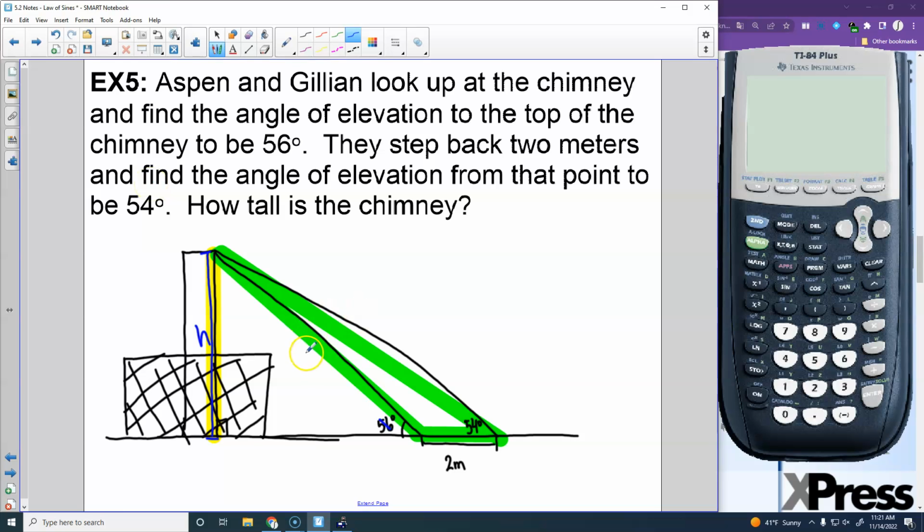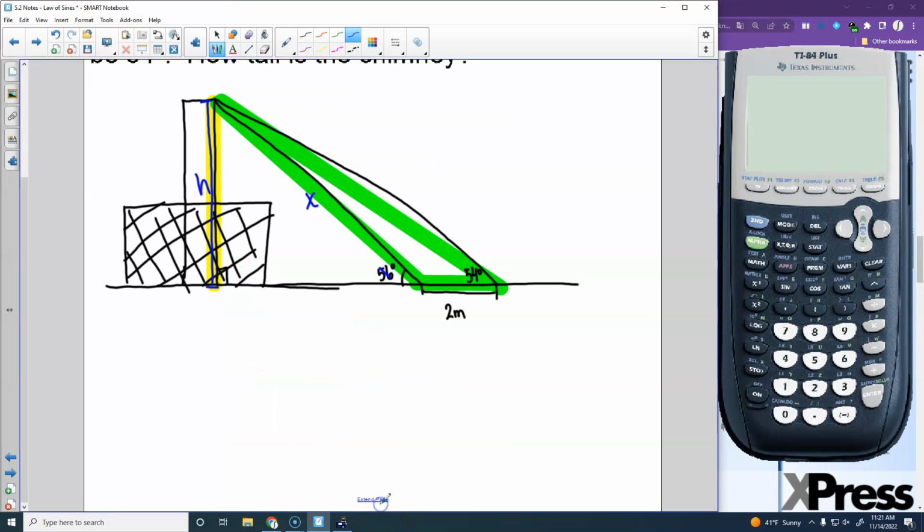Okay, so I'm going to pick this inside side right here. I'm going to call that X. But you could very well use the outside side as well. I'm just choosing this one because I think it's going to look a little better on my picture. Now, to set this up, I've got angle 54, so I'll have sine of 54.